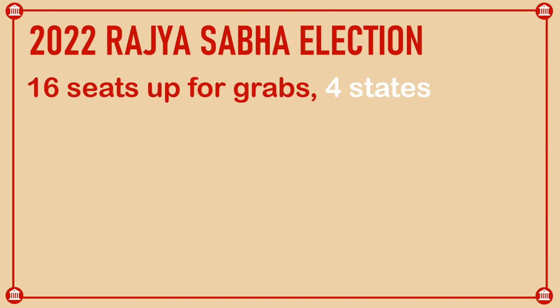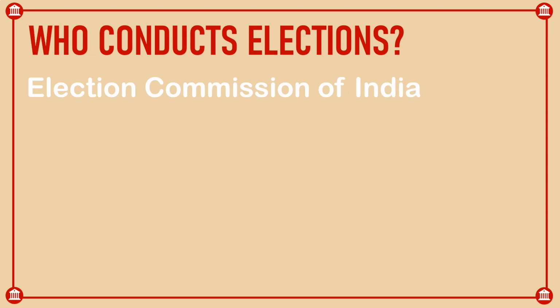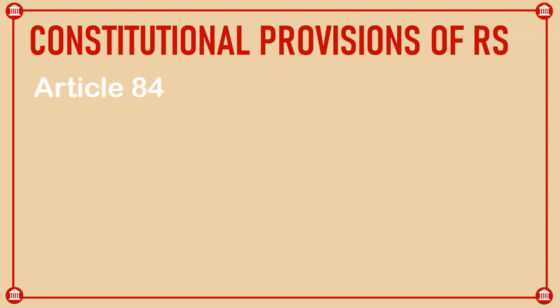Now let's get into the practical: the 2022 Rajya Sabha elections. There are 16 seats up for grabs, spread out across 4 states. Which statutory body conducts the elections? The Election Commission of India, or the ECI, conducts all general elections, including both houses of parliament, state legislative assembly elections, etc. And what are the constitutional provisions that establish the Rajya Sabha?